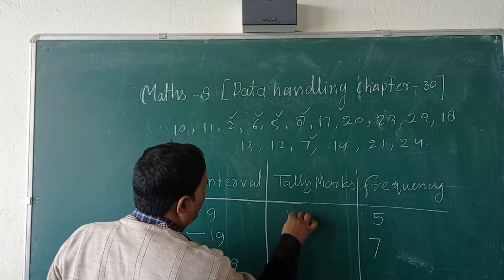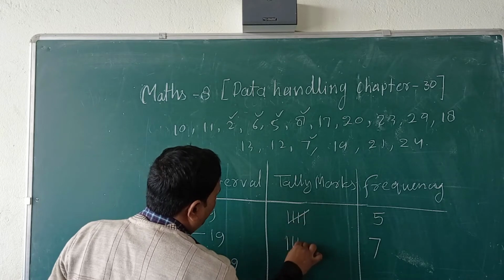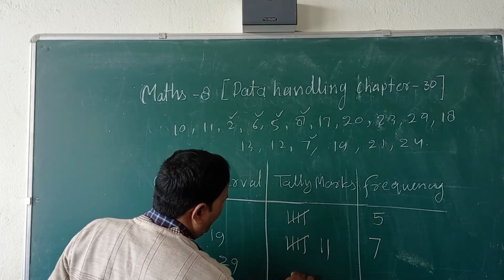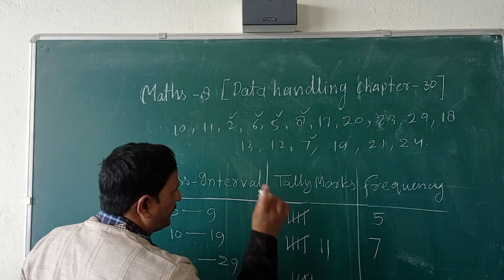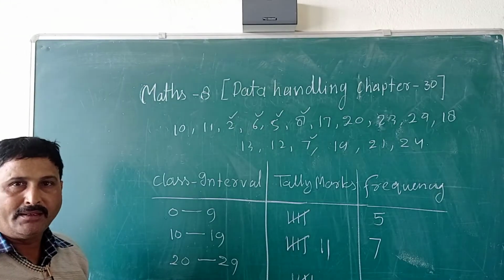Now the tally marks are written for each. This is the frequency distribution table.